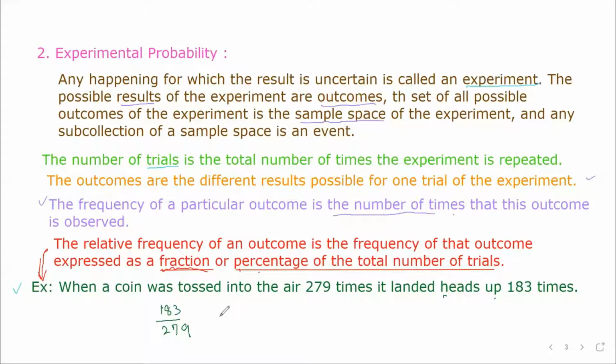That means you can just say the formula: experimental probability is equal to the relative frequency.